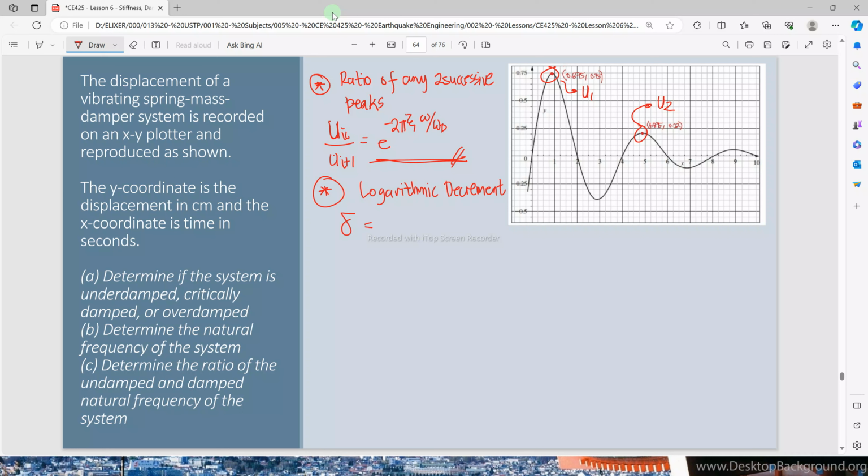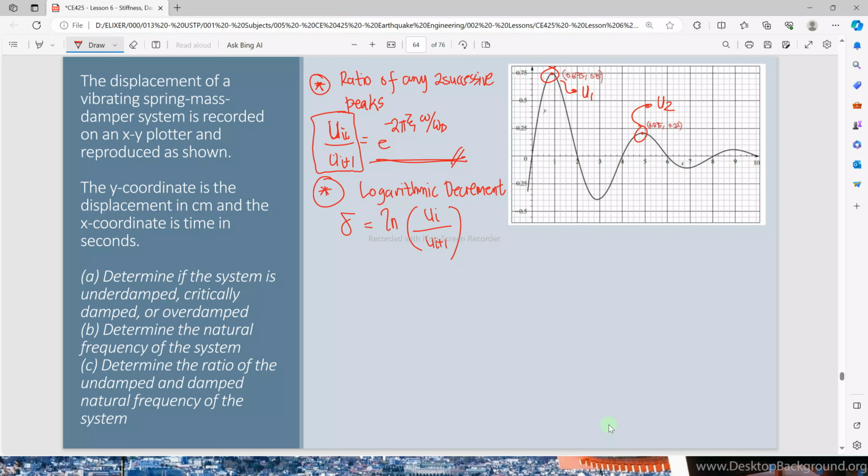If we have a graph of a damped oscillating system and we don't know the damping coefficient of the system, the way to get the damping is by using the logarithmic decrement. The logarithmic decrement is just the natural logarithm of ui over ui plus 1. So this is the ratio of any two successive peaks.